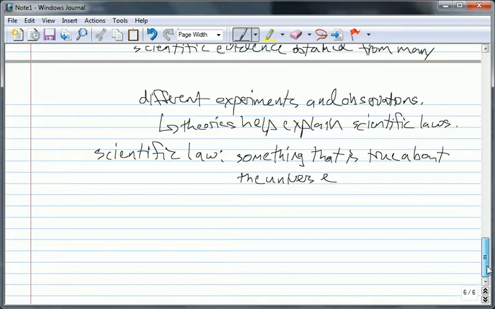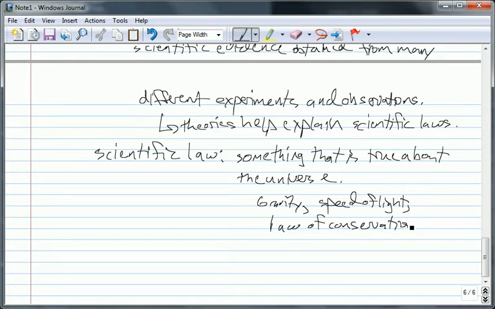You might think of scientific laws as things like gravity or the speed of light or the law of conservation of mass. All of these things are scientific realities, truths about the universe, things that we are very certain of. These are like truths or facts.